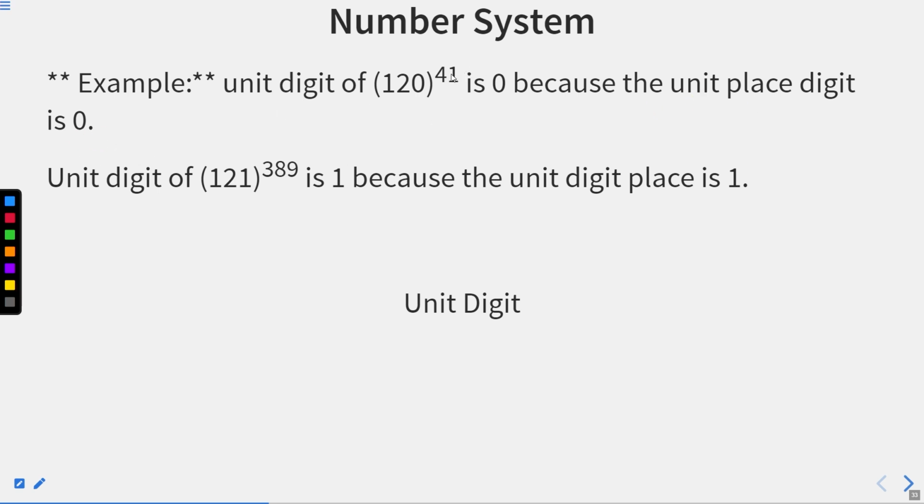So without doing any calculation, just by looking at the number, we can say the unit digit in this case is going to be 0. The same goes for this one. You don't have to do anything. 121 is here, so 1 is the unit place, and we know that when 1 is the unit place, after solving all the powers, 1 is going to be the final answer.